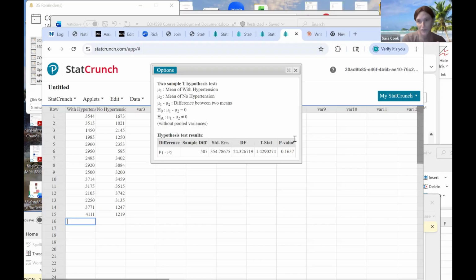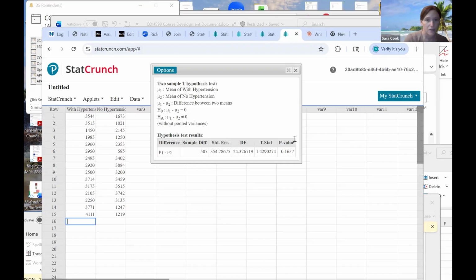We would have needed to observe a much bigger difference in this sample size to conclude that it was not due to chance. If I was really interested in this question, does hypertension impact birth weight, I'm going to need a bigger sample if I really think that there is a difference. But based on this, there's not enough evidence to conclude that there's a meaningful difference.